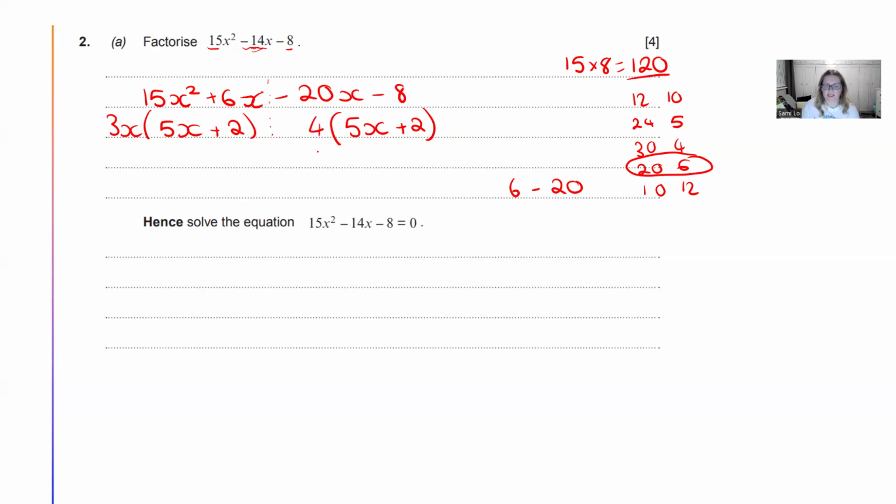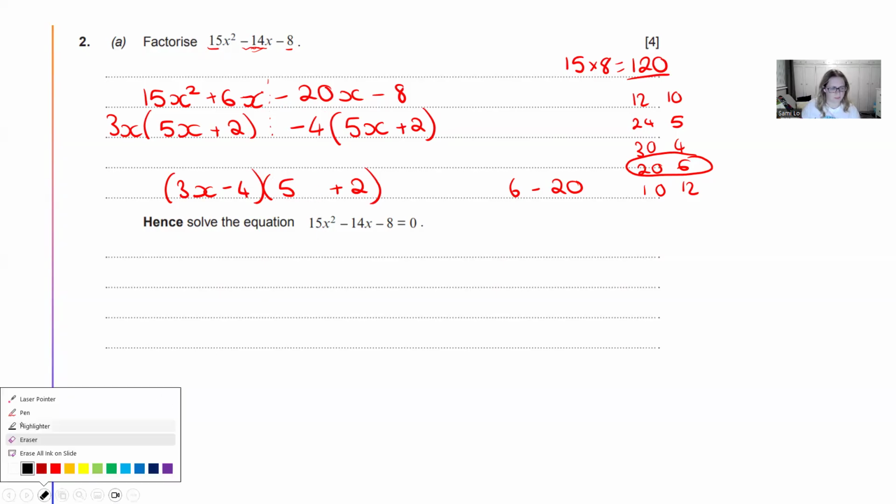Now, as you notice, there's negatives on both of these, so I know it's going to be minus 4. Finish off my factorisation, I'm going to have 3x minus 4 and 5x plus 2. Again, remembering your x's where possible. Just tidy that bit up. There we go. That's a bit better.